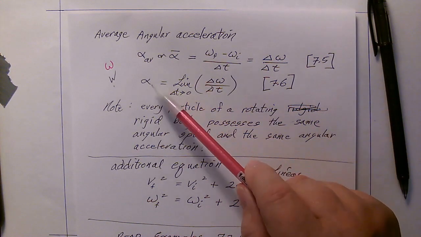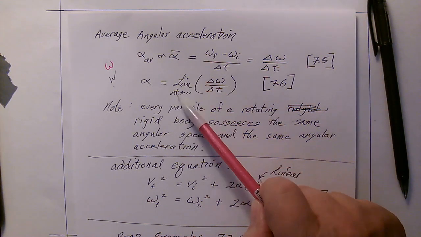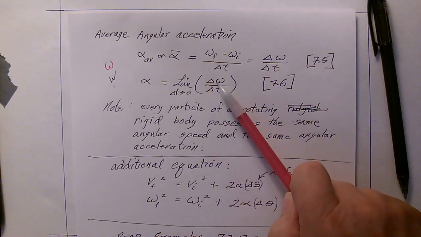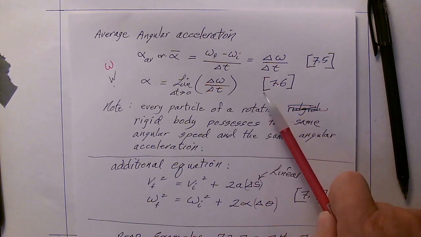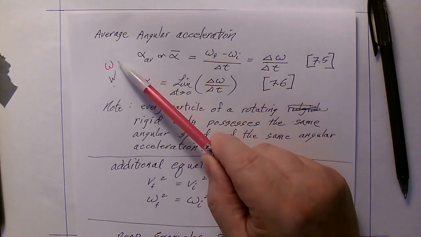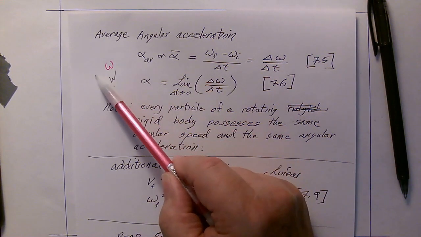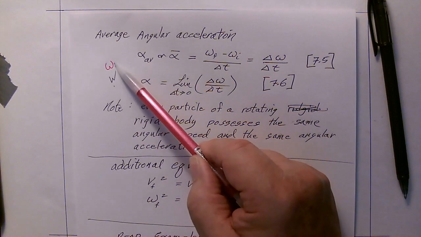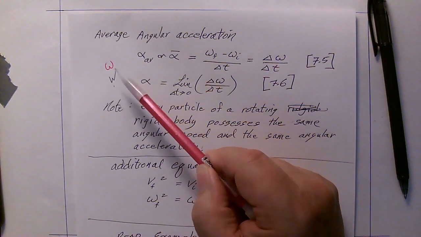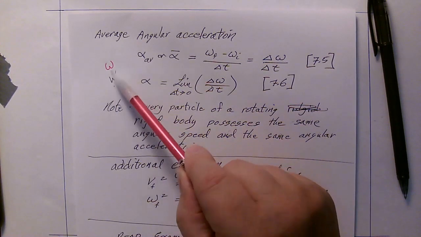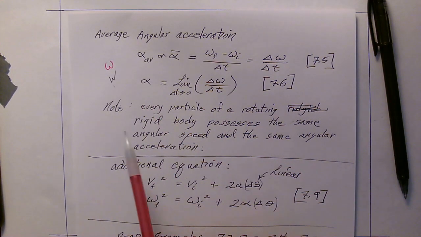And instantaneously, alpha is equal to the limit as delta t approaches 0 of delta omega over delta t, equation 7.6. Guys, you've got to make sure you make your omegas look like that and not that. I don't want to see it written incorrectly, because I will take points away.